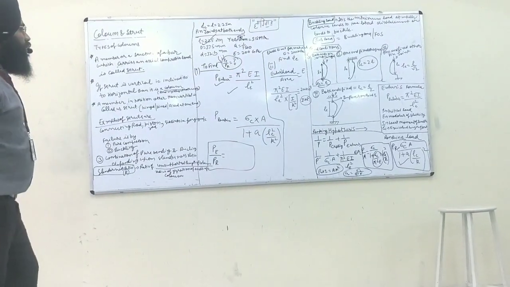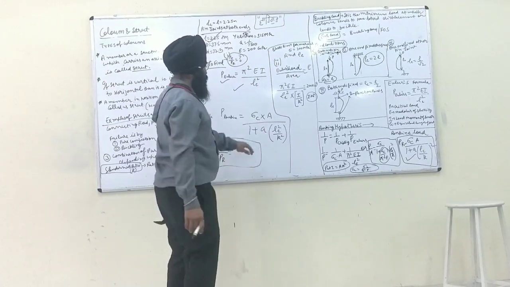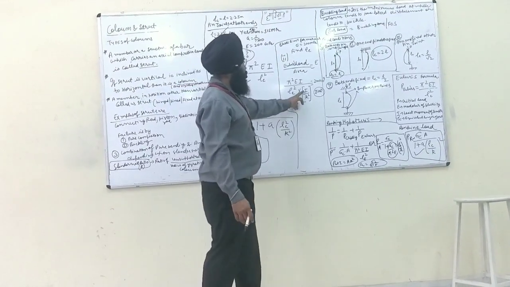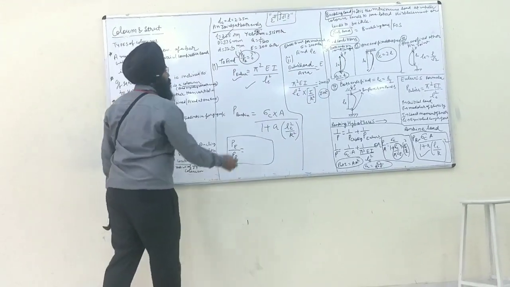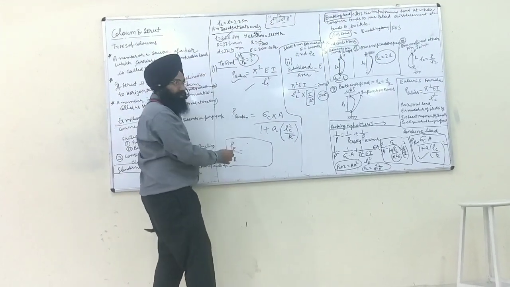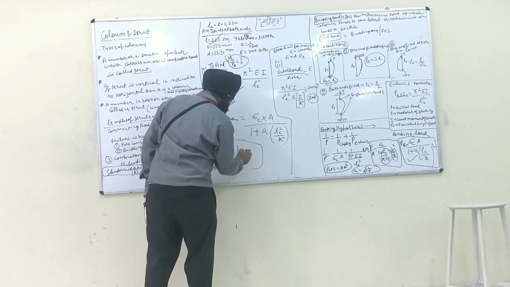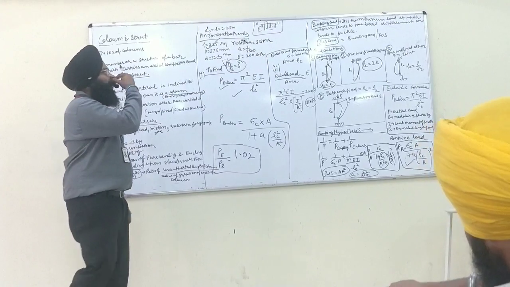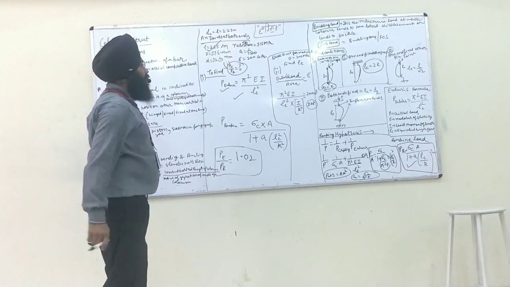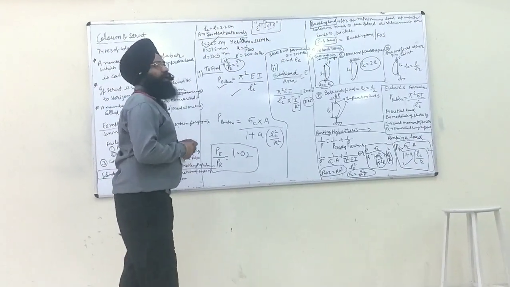K you know how to calculate, I is A into K square. So you can simply calculate the ratio. What is the answer coming from this numerical? 1.02.